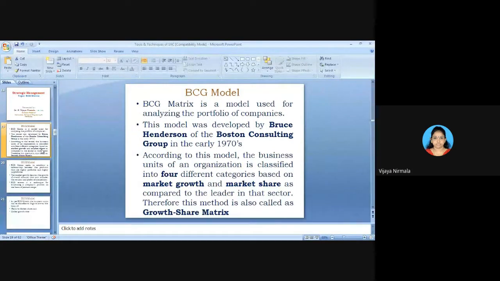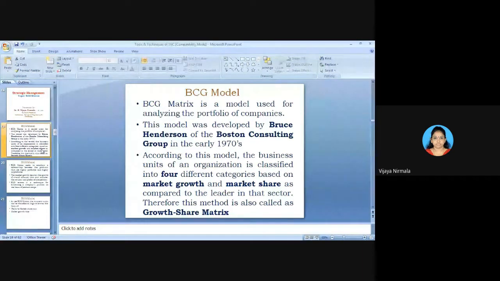Market share is measured as compared to the leader in that sector. Therefore, this method is also called the growth share matrix. Not only do we call this the BCG matrix; it is categorized based on market growth as well as market share, so the other name for this method is the growth share matrix. Why? Because in this we have included market growth and market share.